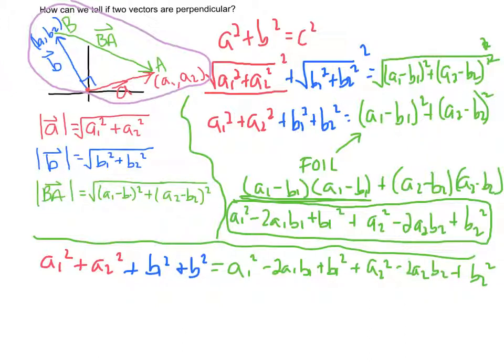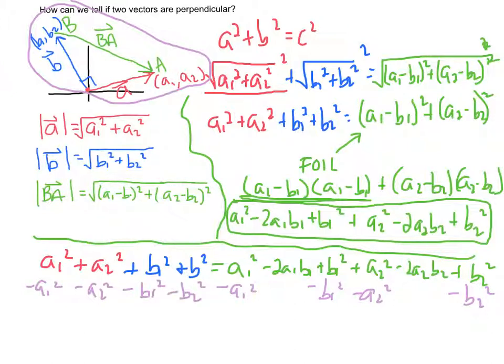So what I'm going to do is, on the right side, I'm going to subtract a1 squared, and on the left side I'm going to do the same. Then I'm going to subtract b1 squared, and the same thing over here. And then I'm going to subtract a2 squared, and b2 squared on both sides.